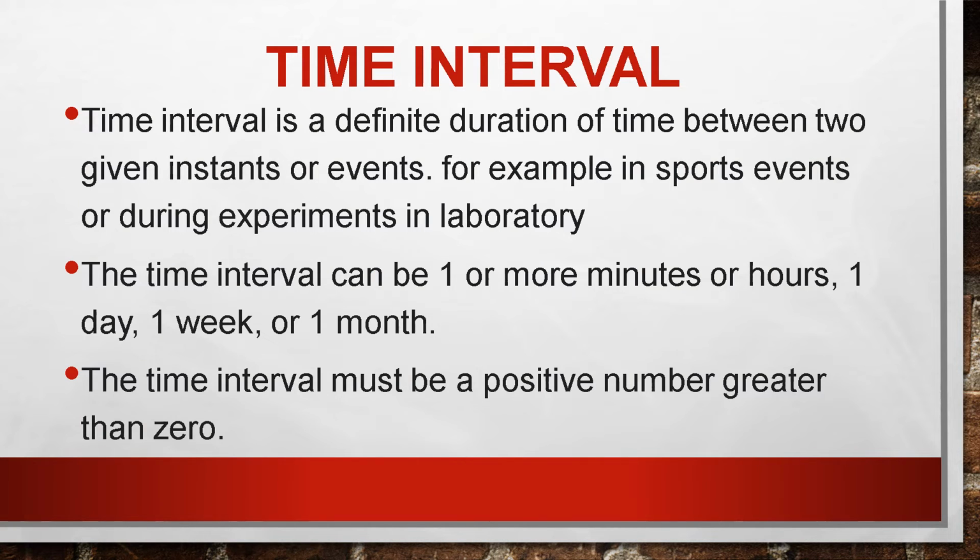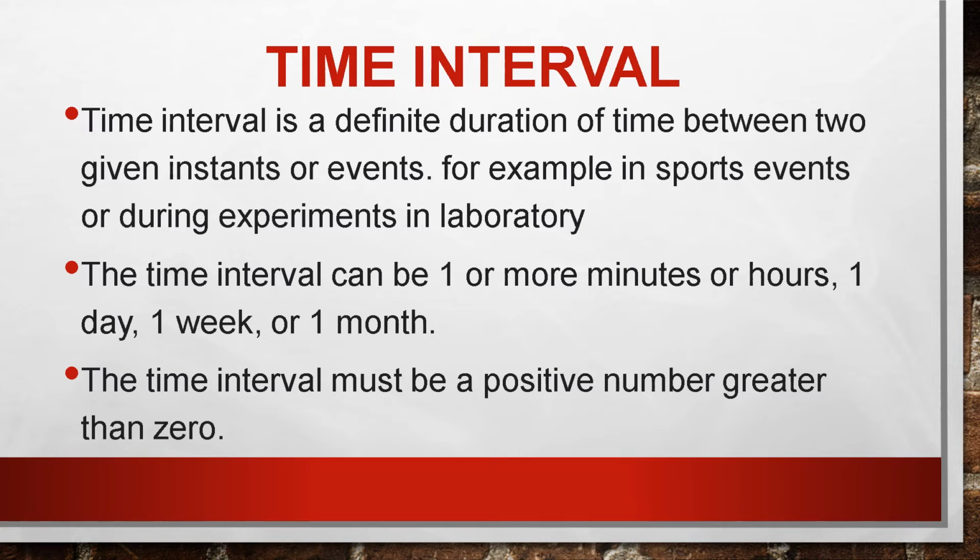Time interval. This time interval is defined as the duration of time between two given instants or events. For example, during sports events or experiments in the laboratory, the start of the event and the end of the event. The time gap between these two events, that is start and stop, is called a time interval.